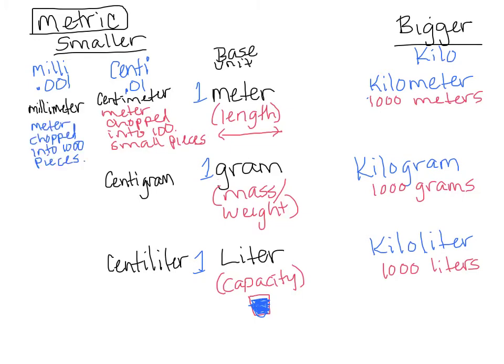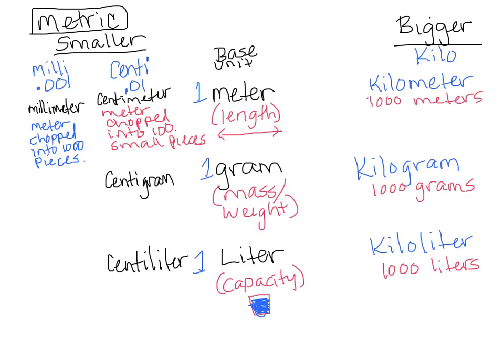If I have the millimeter, that means the meter is chopped into 1,000 tiny pieces. So a millimeter is extremely tiny. It's taking that 1 meter and chopping it into 1,000 small pieces, and a millimeter is just one of those tiny pieces.